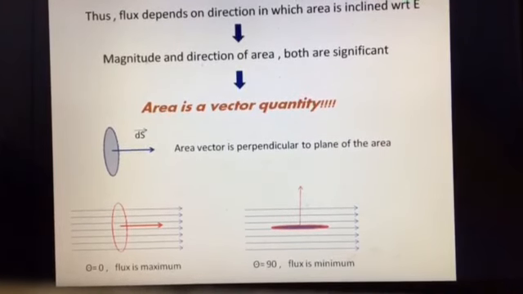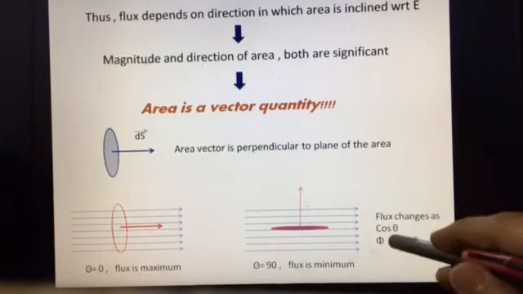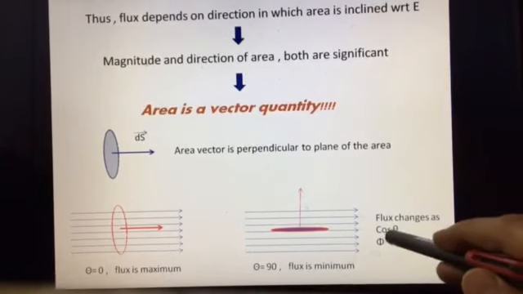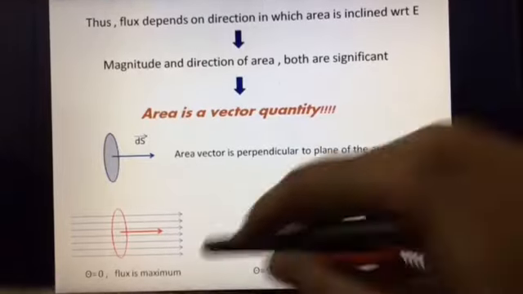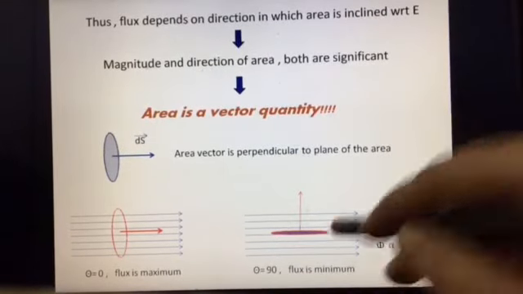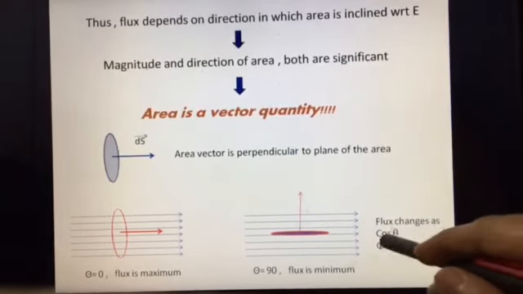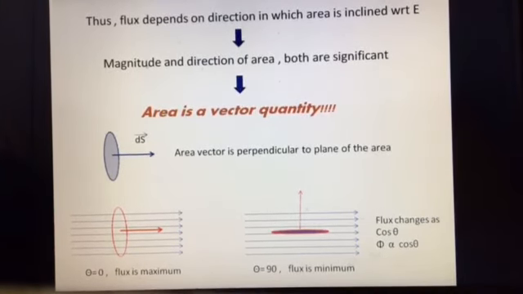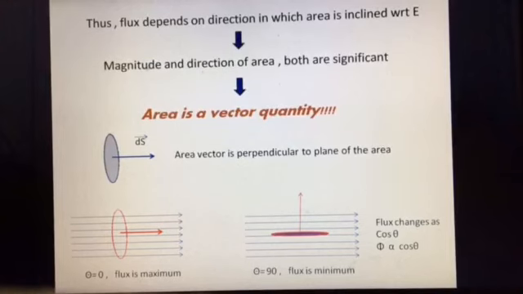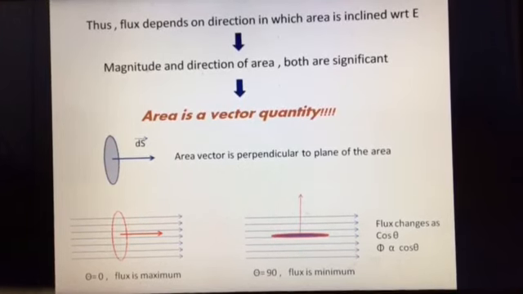What does that remind you of? It tells us that flux changes as the cos of theta. We know that cos 0 is maximum and cos 90 is minimum, that is 0. So flux is proportional to cos theta. So what did we see till now?